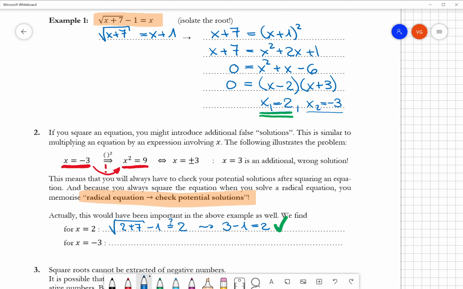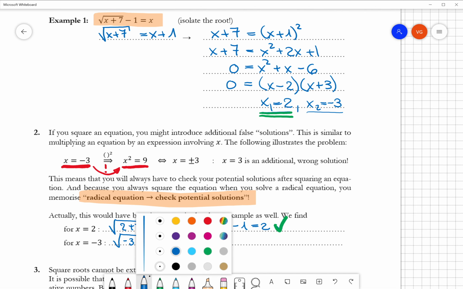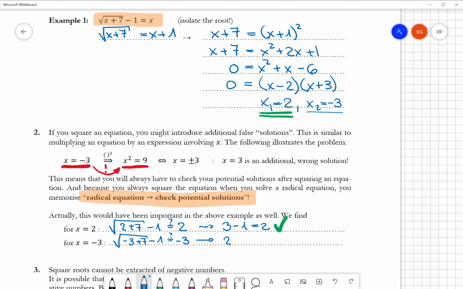That's fine, and we can underline our result here. For x equals negative 3, if we plug this in, we get the root of negative 3 plus 7 minus 1, and the question is whether this really is equal to negative 3. And as you can see, negative 3 plus 7 is 4, the root of 4 is 2, so we end up with 2 minus 1 equals negative 3.